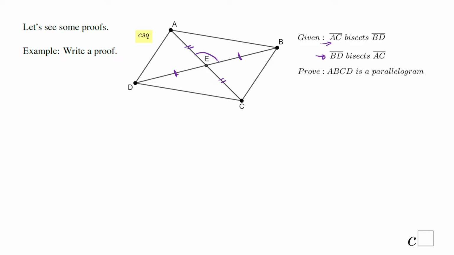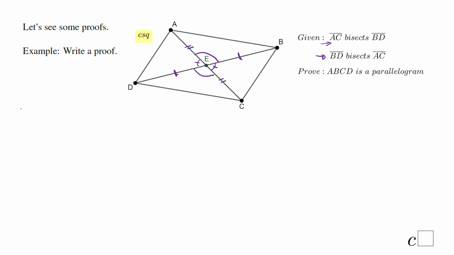We have these two angles congruent, vertical angles. Obviously these two are also congruent. So now you have choices here. You can prove either triangle AEB congruent with triangle DEC or the other two and move from there. And if you prove that, then you have everything you need to prove that this quadrilateral is a parallelogram.